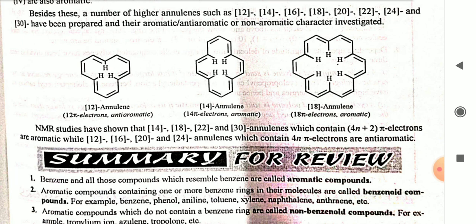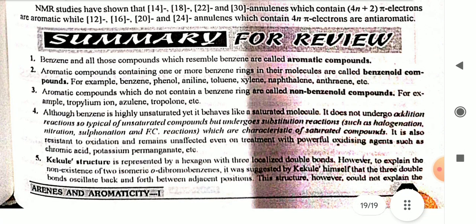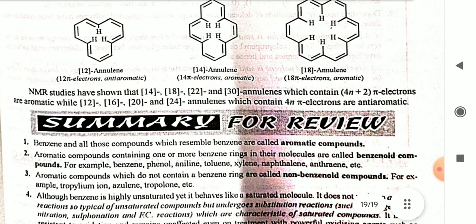NMR studies have shown that 14, 18, 22, 30 annulenes, which contain 4n plus 2 pi electrons, are aromatic, while 12, 16, 20, 24 annulenes, which contain 4n pi electrons, are anti-aromatic. Thanks.